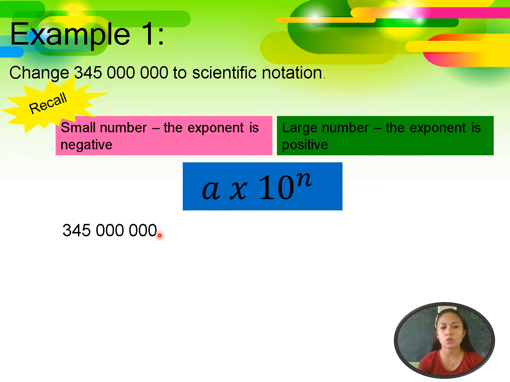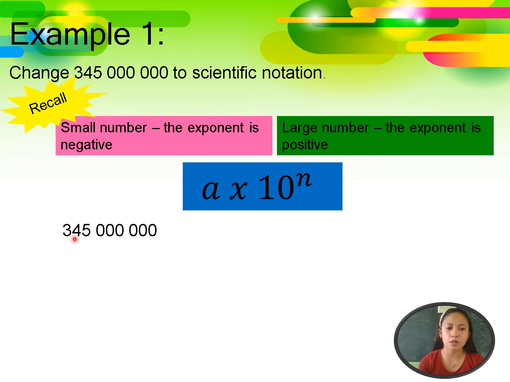If we are going to convert it into its scientific notation, we will move to the left until our first factor is greater than or equal to 1 but less than 10. So I have here 1, 2, 3, 4, 5, 6, 7, 8.